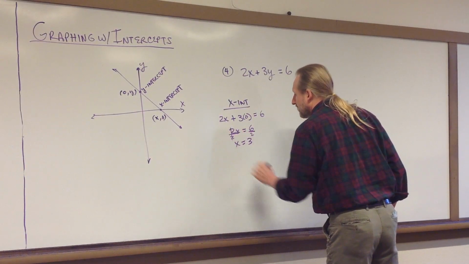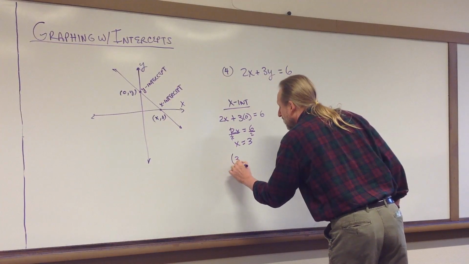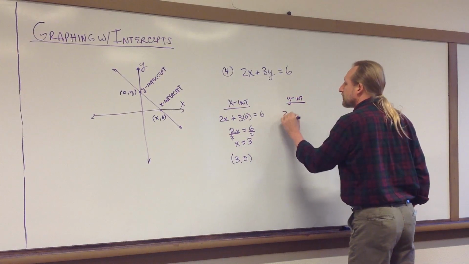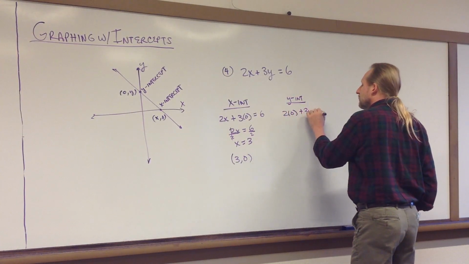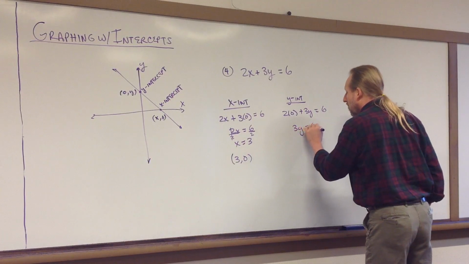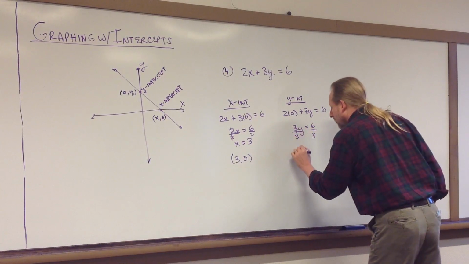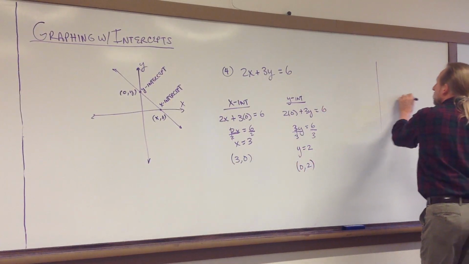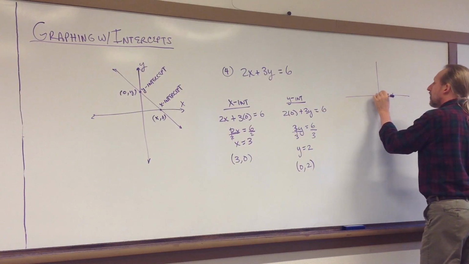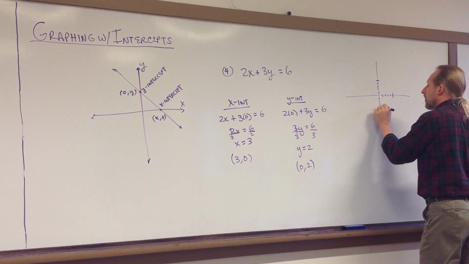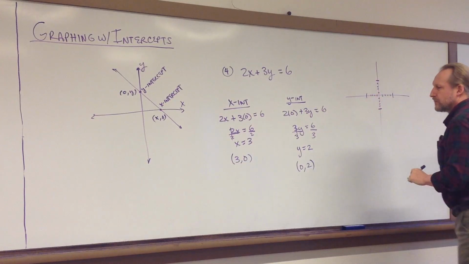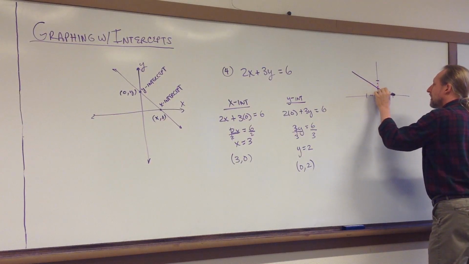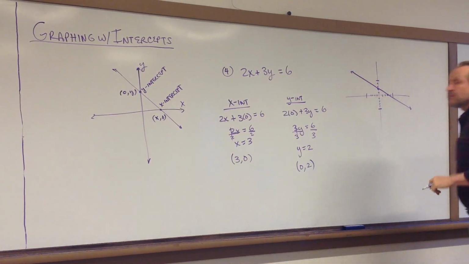If we divide on both sides by 2, x equals 3, and so this is the point 3, 0. On the y-intercept, put in 0 for x. And then we get y equals 2. So this is the point 0, 2. And then again, 3, 0, 0, 2, and so the line will look something like that.